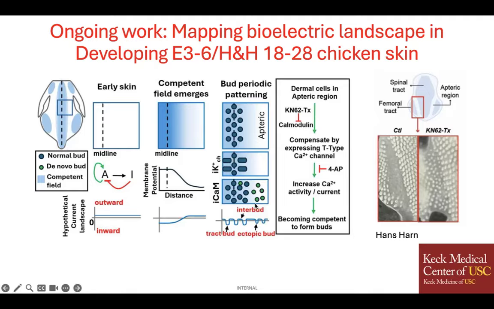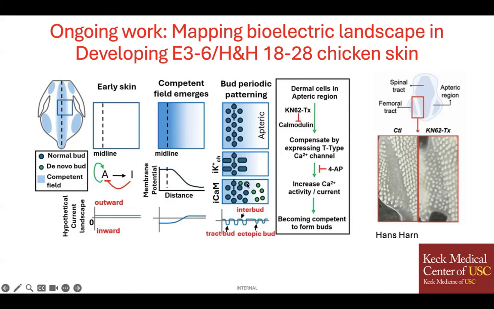And we're excited because, this is Hans's work, we can now make buds start to appear in the apteric regions by treating with a calmodulin inhibitor. You can see this so-called apteric zone in the normal situation. Really, there are no buds, but treating with a calmodulin inhibitor leads buds to appear even in the apteric zone.